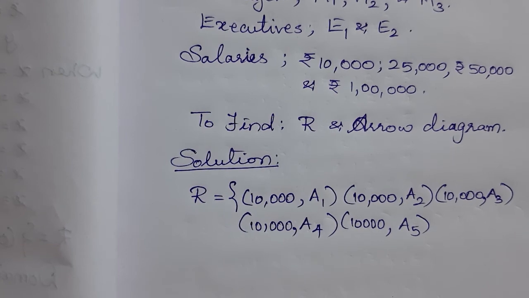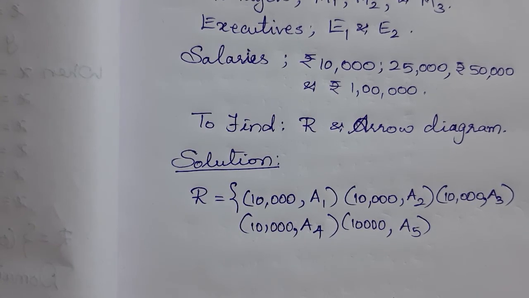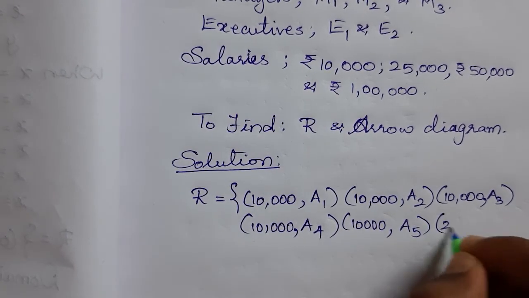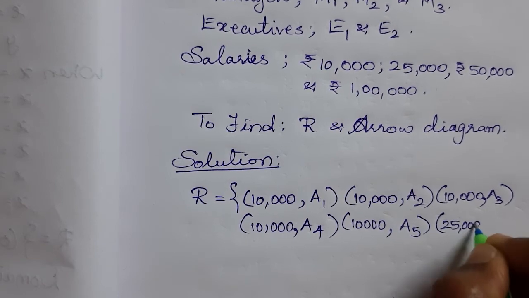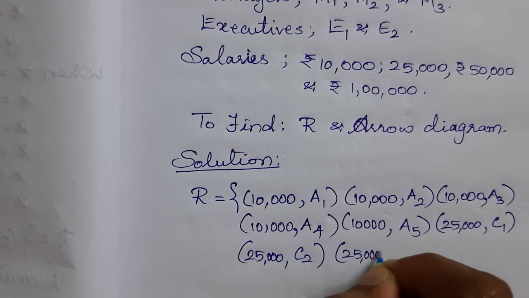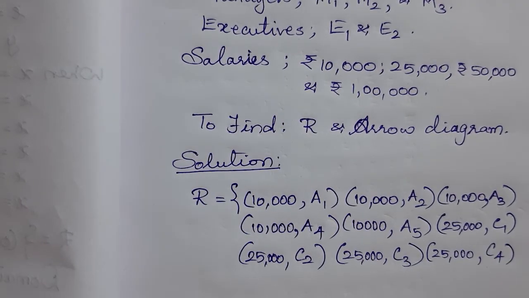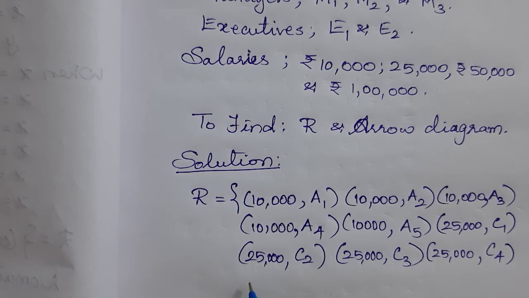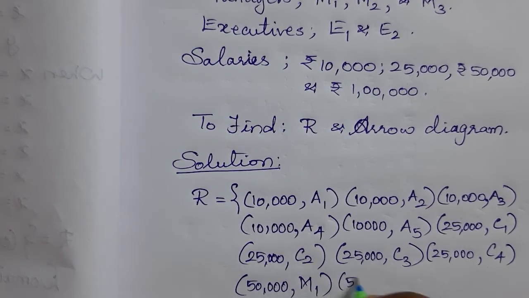and the next set of salary is 25,000 for the clerks. So 25,000, C1. There are 4 clerks, so till C4. Then 50,000 is for the managers. So 50,000, M1.